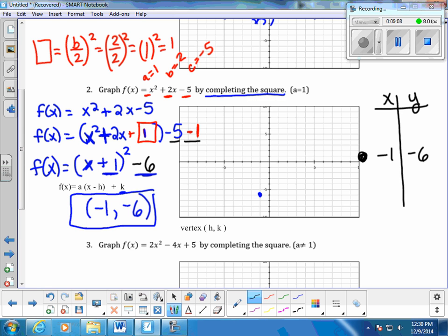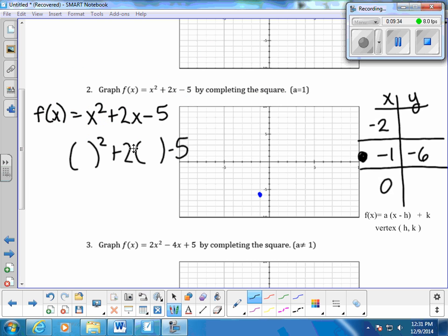So I'm going to put a dot by it because I know this is my vertex. I can pick values to the left of that and to the right of it. I may want to just pick some values, 1 to the left, which is -2, and 1 to the right, which is 0, and then plug them in. So I'm going to come back over here and plug these in.